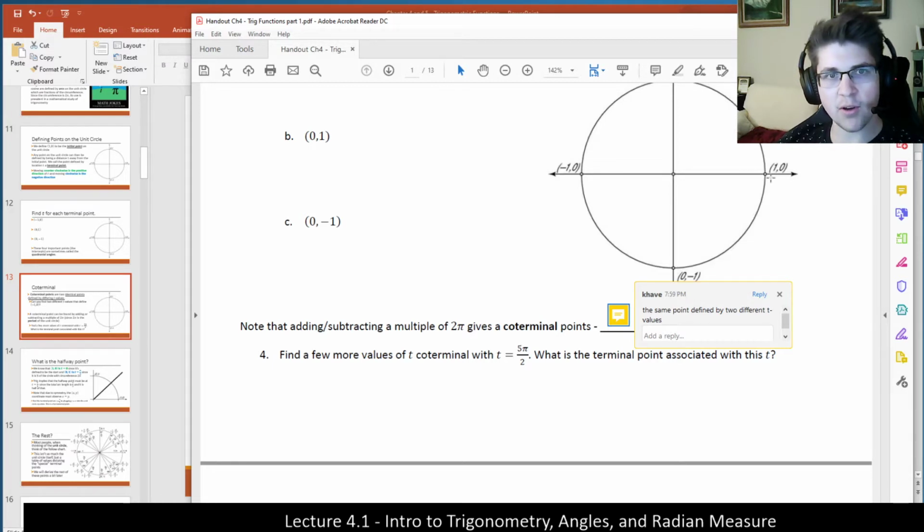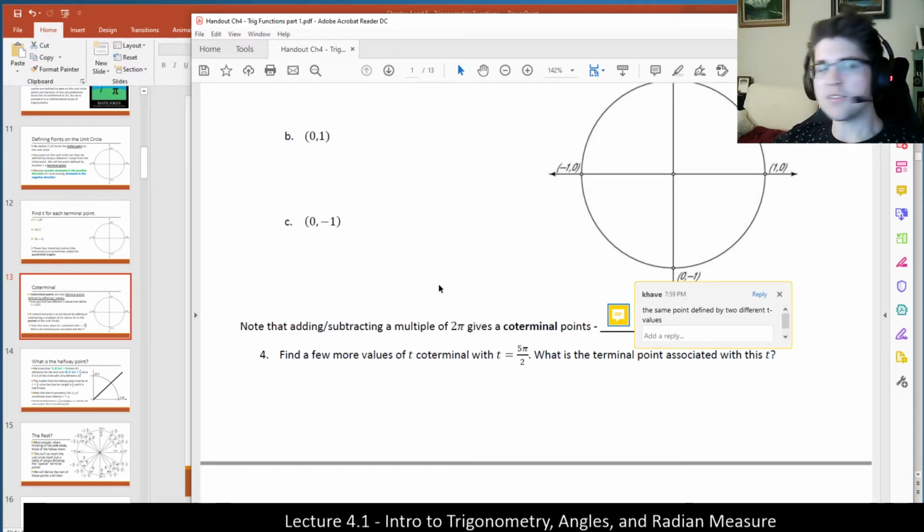But we could also have gotten to (0, -1) by going negative pi over 2 clockwise, because clockwise is negative, counterclockwise is positive. So 3 pi over 2 this way, negative pi over 2 this way. Those were coterminal, and notice that the difference between them is 2 pi, because one is negative.